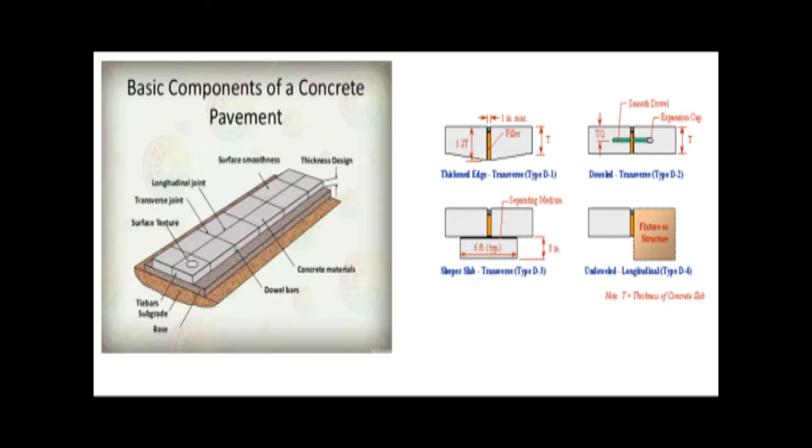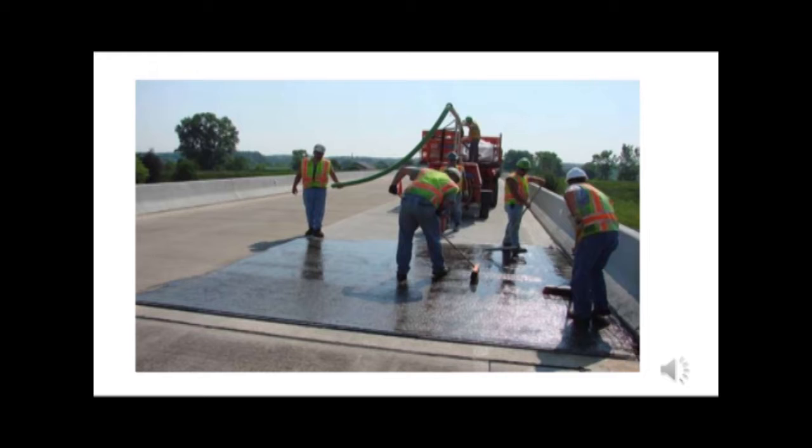Now on slide number 49, we are seeing some workers working on the bridge deck slab and laying some black material over the surface. Technically we call it paving of the bridge.